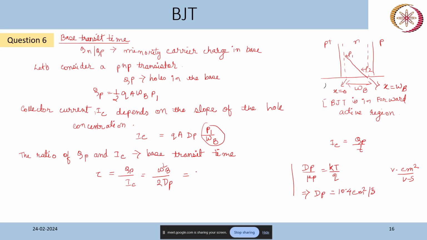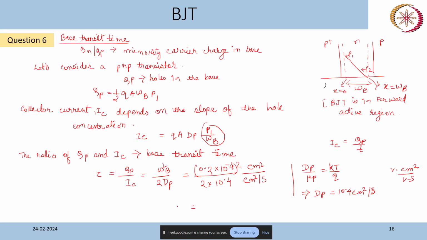Now let's put it here and calculate. 0.2 micrometer, so I'm writing in terms of centimeter. This is centimeter square, this is centimeter square per second, so the final unit will be in second, which is the unit for time.